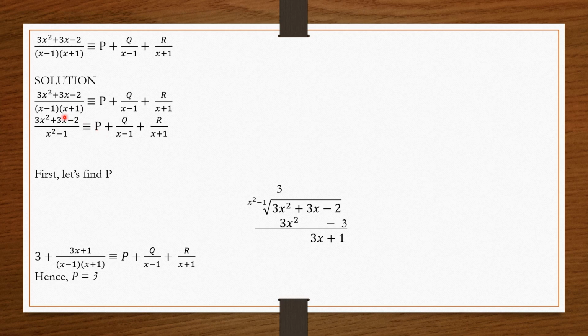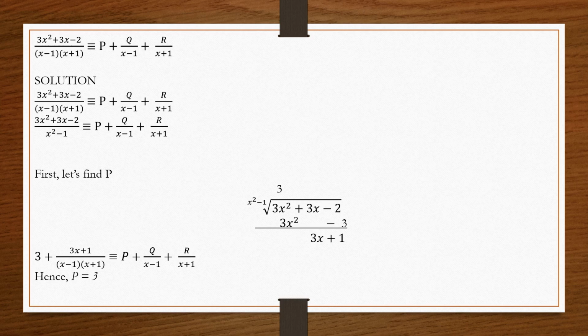And what did I do? I multiplied the denominators so that I will have this expression x squared minus 1, and that's the difference of 2 squares. Then I divided 3x squared plus 3x minus 2 by x squared minus 1, and this is where I did it. Let me explain how I did the division.